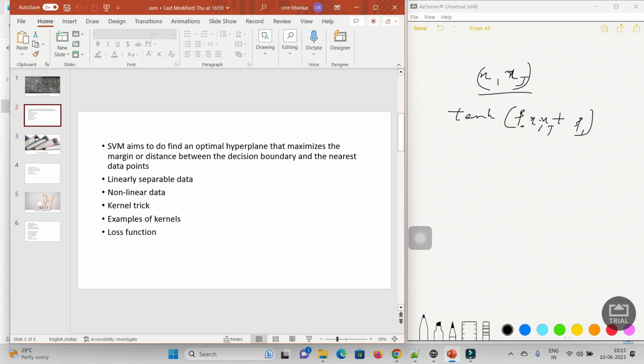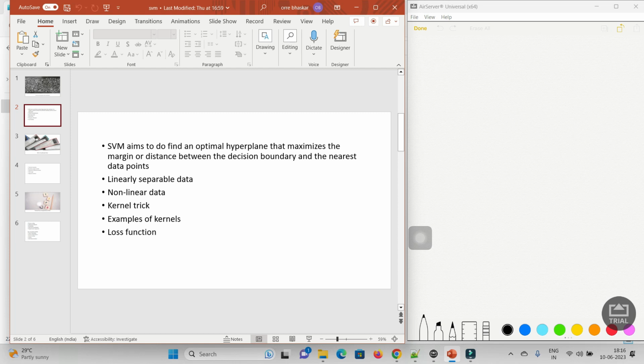There can be a Gaussian kernel, e to the power minus of (xi minus xj) whole square by 2 sigma square. They can be a polynomial kernel, like (1 plus xi xj) whole power p. This is the polynomial kernel. Like this, there can be any number of kernels.